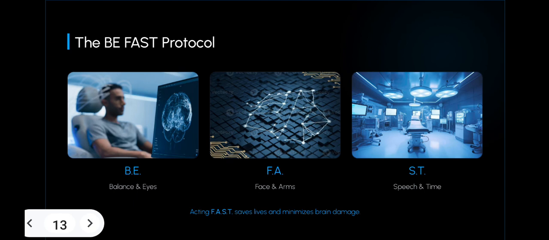After balance, eyes, face, and arm, the next part that is going to be injured is your speech. So you need to maintain your speech, or work on your speech, with time. So this is all about the protocol.